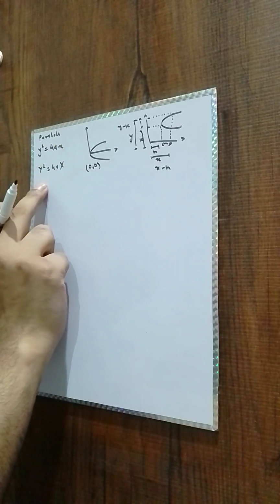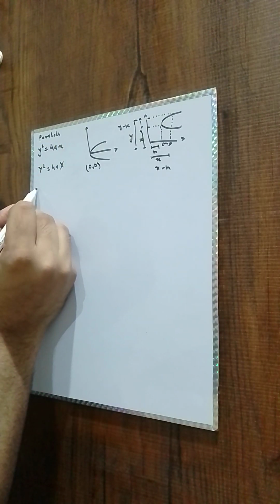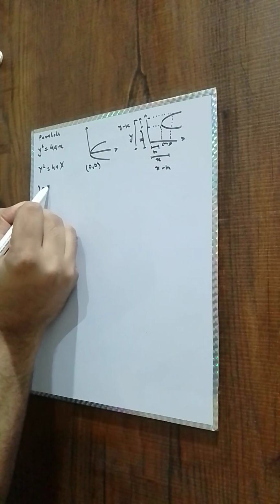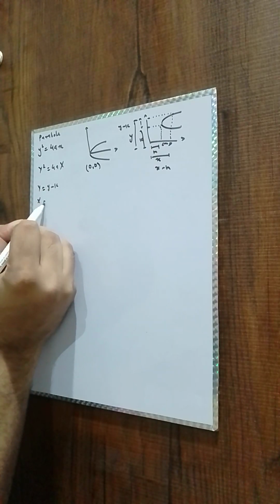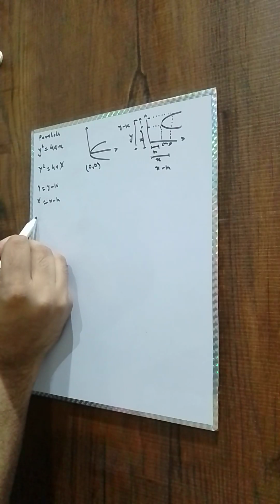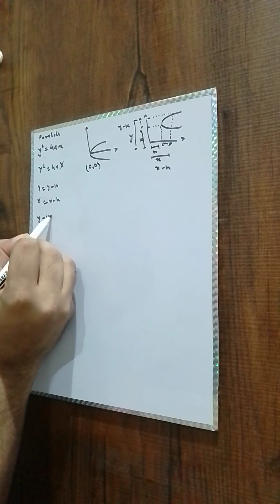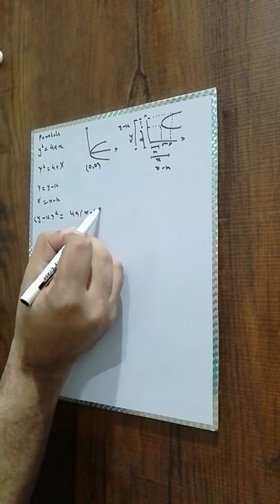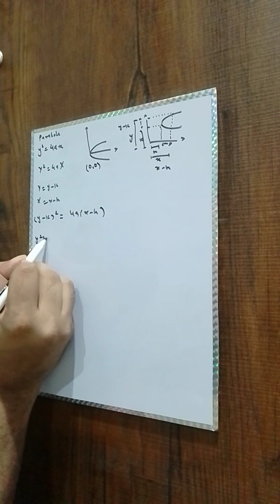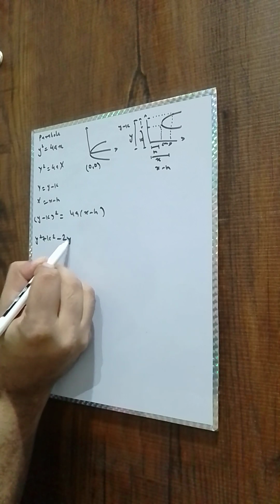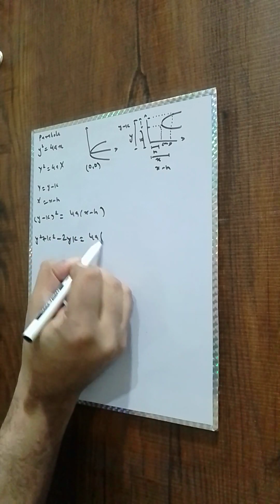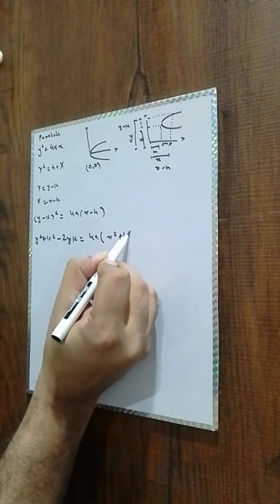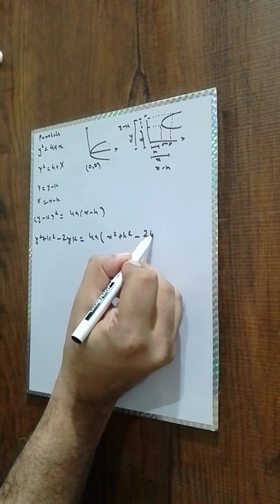But otherwise, here's the thing, where we substitute y is equal to y minus k and x is equal to x minus h. So the situation is y minus k whole square is equal to 4a into x minus h. Yes, so y square plus k square minus 2yk is equal to 4a into x plus h minus 2hx.